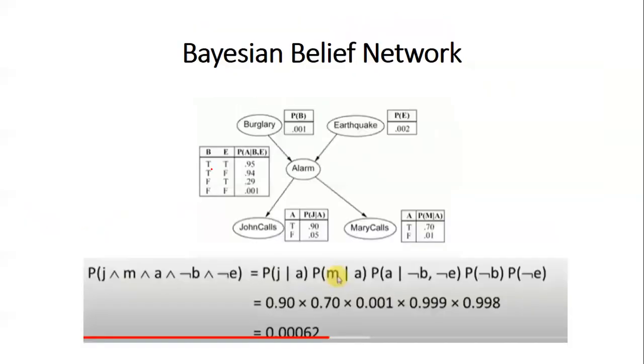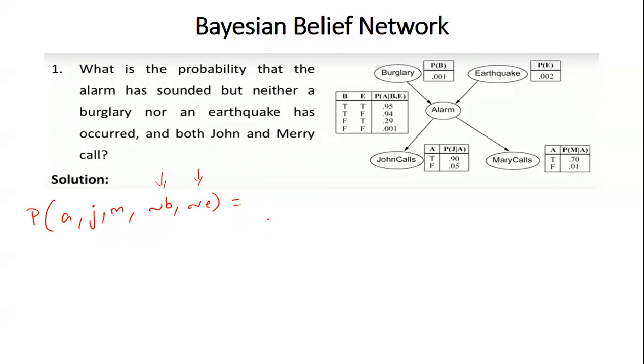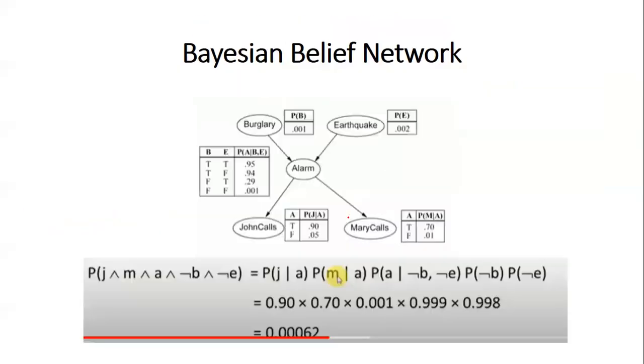So this is basically a conditional probability. What's the probability of alarm making sound given that there is no burglary and there is no earthquake? This we want to find out first.